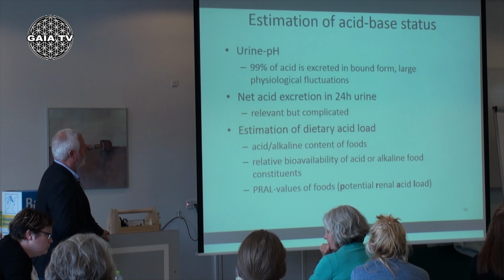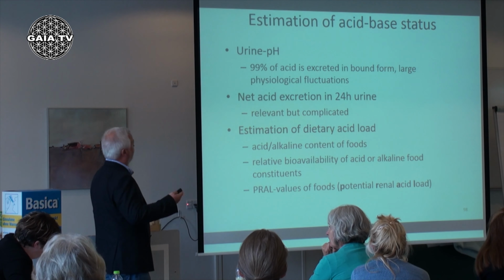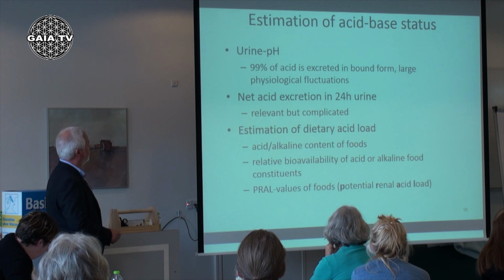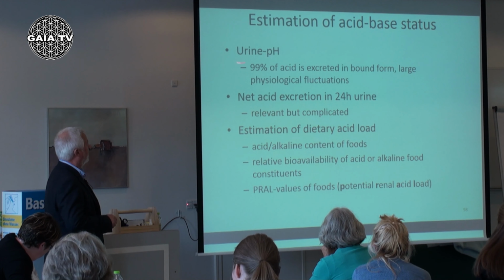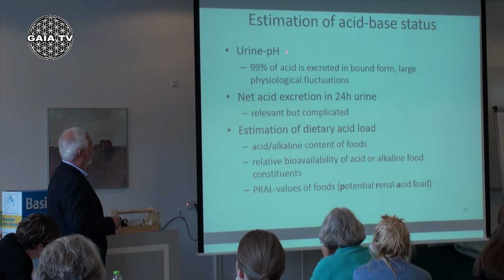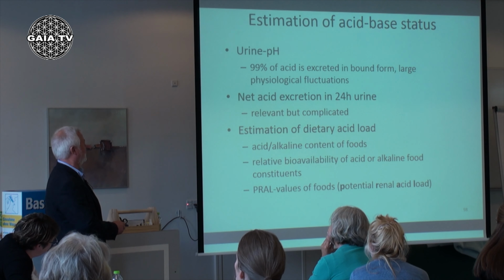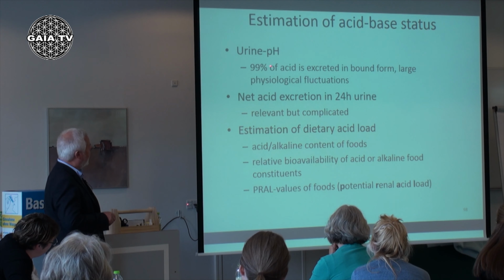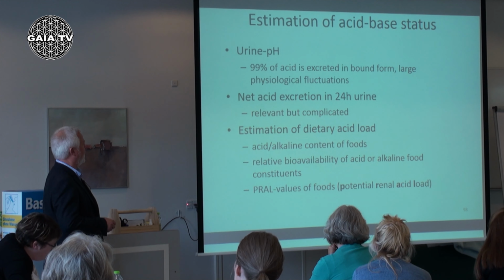So let's come to the last area: how to supplement and how to estimate the status. Estimation of acid-base status. Well, of course you could measure the urinary pH. Unfortunately, this does not give you a very good indication, as 99% of the acid is excreted in bound form, and we have large physiological fluctuations.